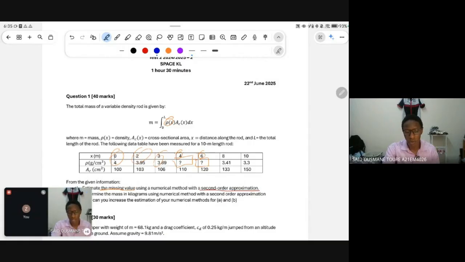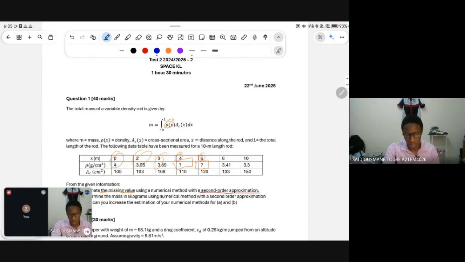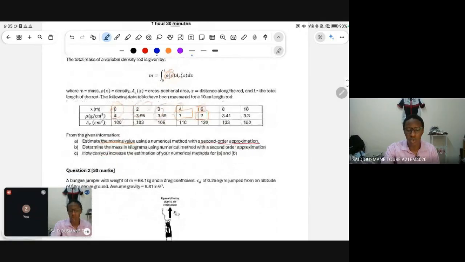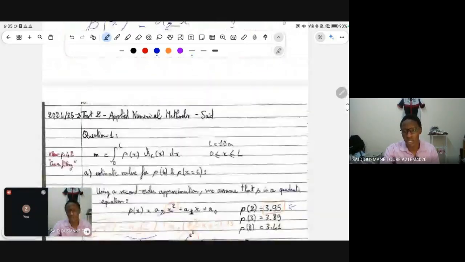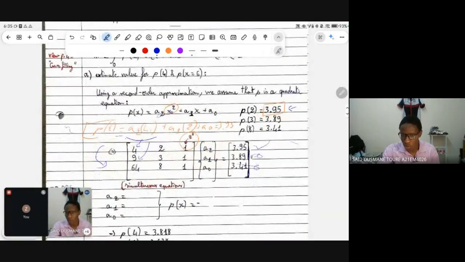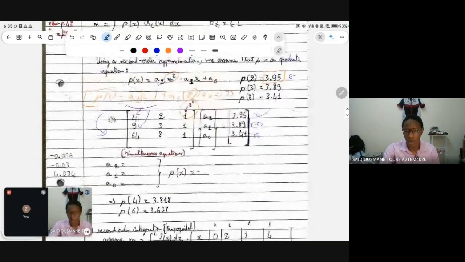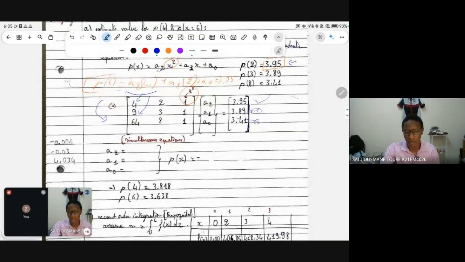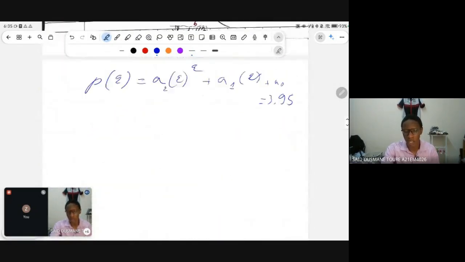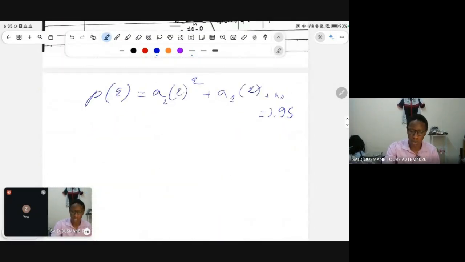For curve fitting, if you already have the values here, row of x here, here, and here, you can just use them because they already said second order. So we have a polynomial for sure. We just put it in the form of a polynomial, take the values, and substitute. Here we already substituted number 2. For number 3, we have a2 x squared plus a1 x plus a0 equals something.